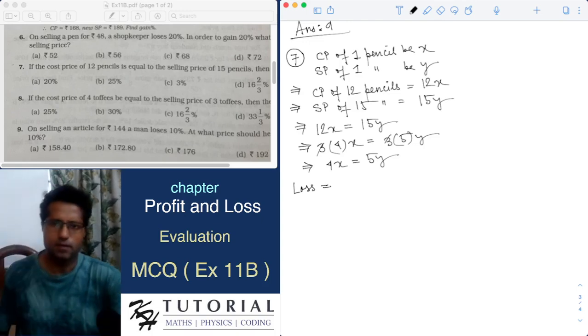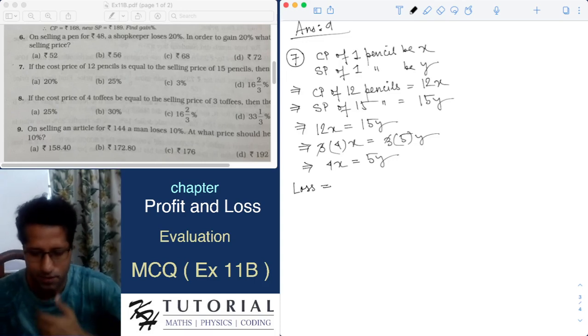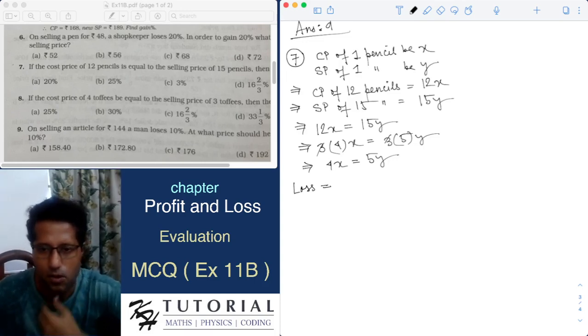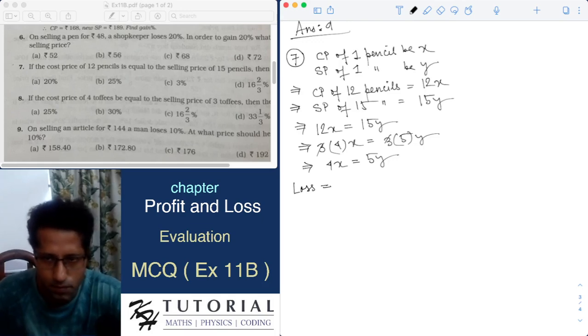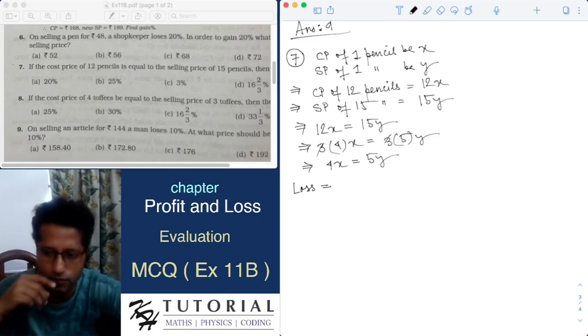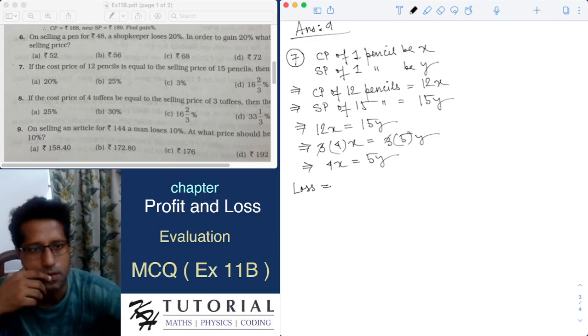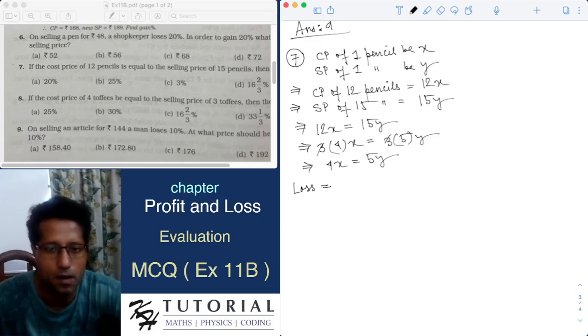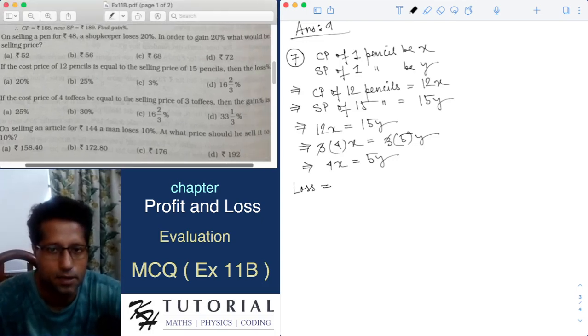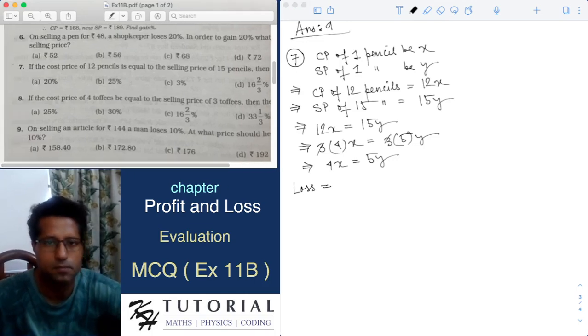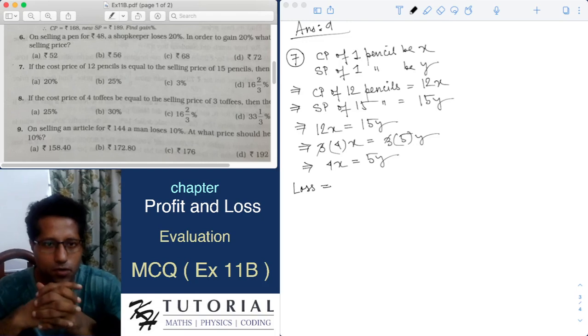So we can calculate the loss percent based on the cost price and selling price of one pencil. Because the percentage of loss for one pencil will be the same, oh no, it will not be the same. The loss percent is not mentioned for how many pencils.